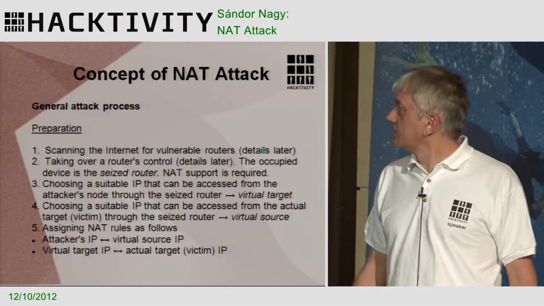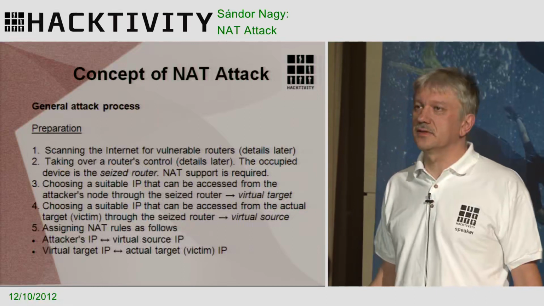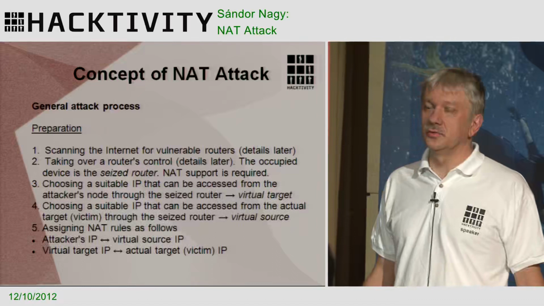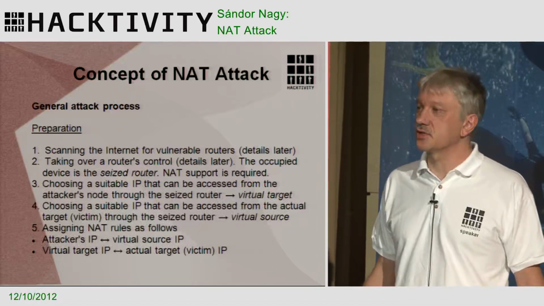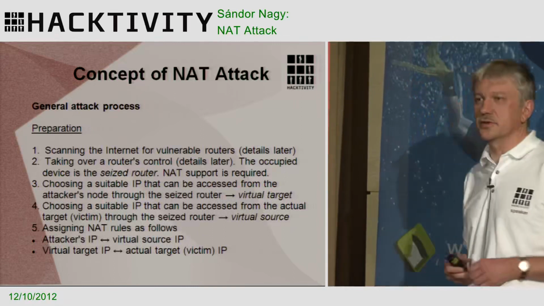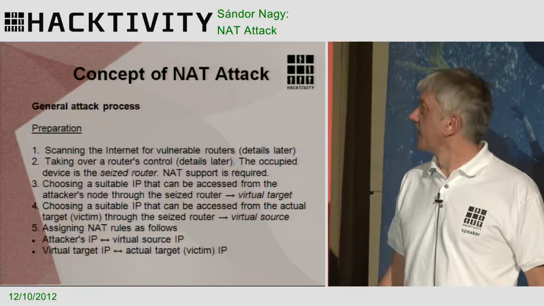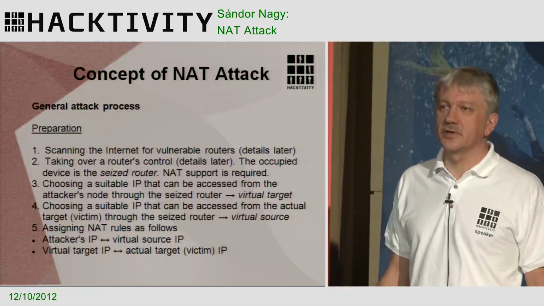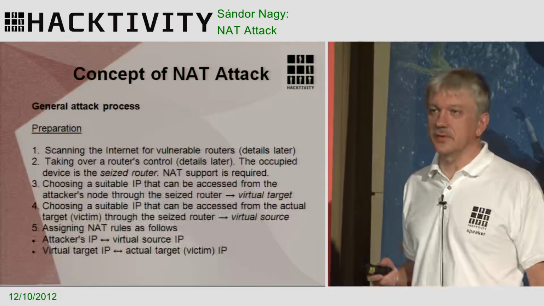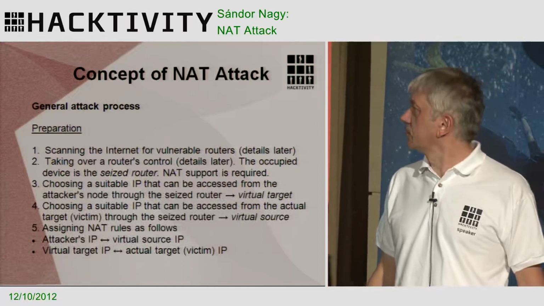It's also a precondition of the attack that the router that is taken over is able to do network address translation, of course. The next step, if the router is under the attacker's control, is to select a suitable IP address that can be accessed from the attacker's node through the seized router. So it's just an IP address, and the attacker chooses a suitable one.